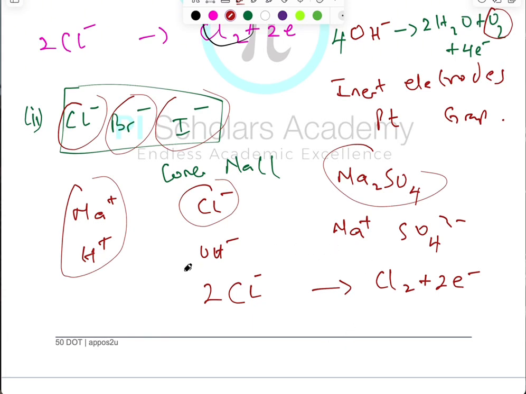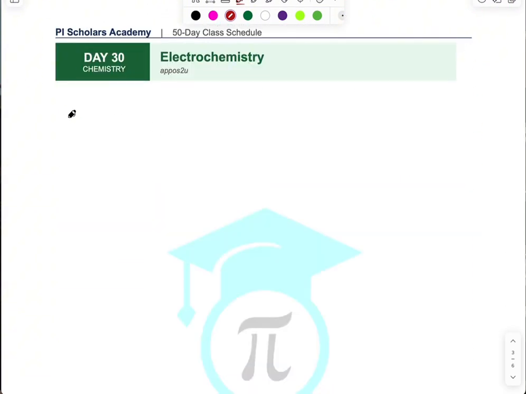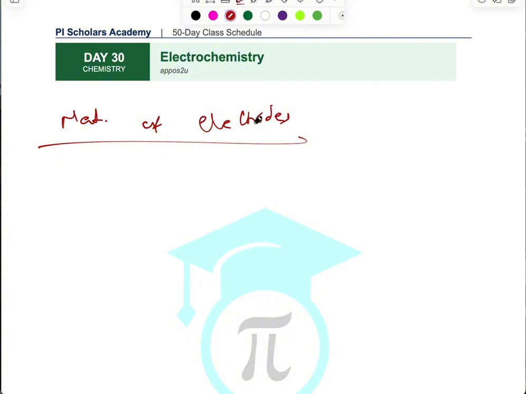That's the second thing. And the third one is the nature of the electrode that is being used. I said earlier that there are some electrodes that are inactive, they are inert, but there are some electrodes that are actually active. They participate in this electrolysis process.